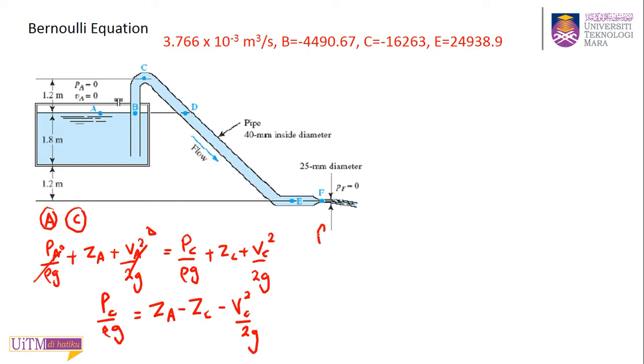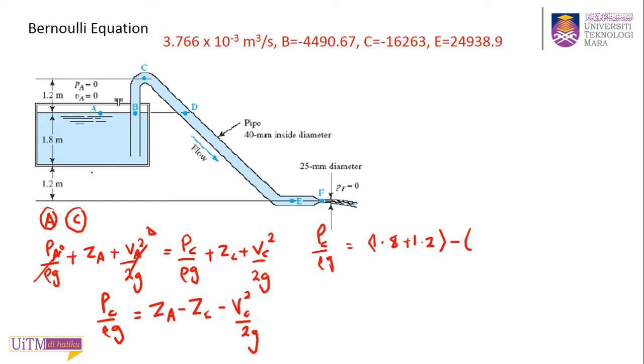Okay, so this is your PC over rho G equals ZA, 1.8 plus 1.2, minus ZC.